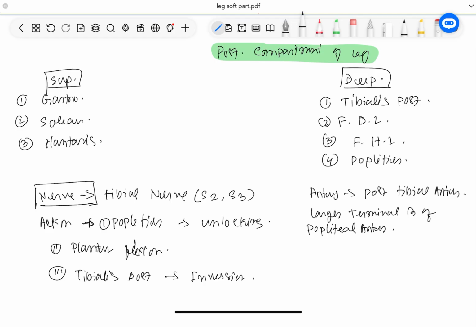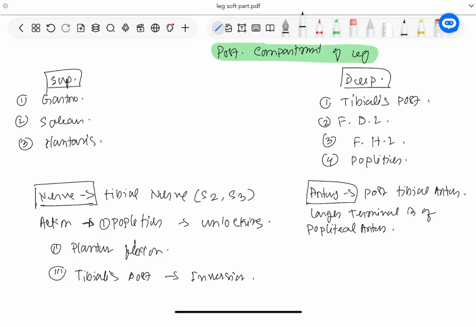If you remember, for the lateral compartment I didn't mention any artery name. So from the posterior tibial artery, one branch goes to supply the lateral compartment of the leg also.